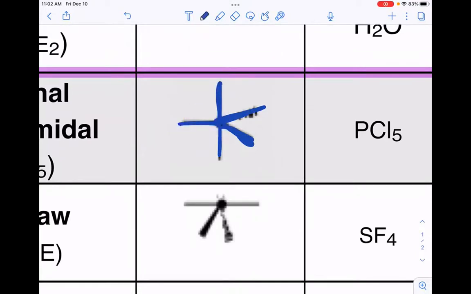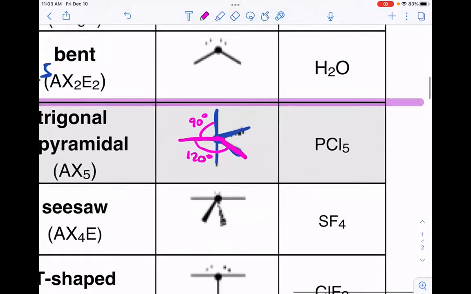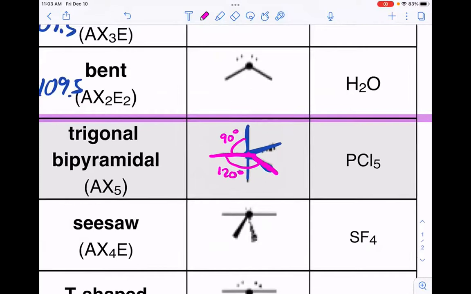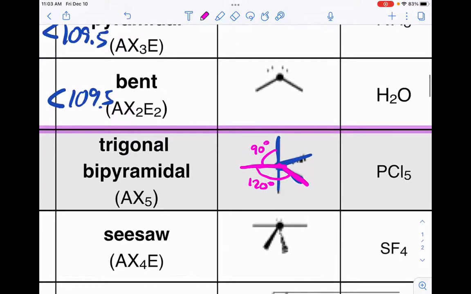Okay, so let me put that here. So this is 90 degrees. If you're looking at equatorial, so we're looking at this bond, that's 120. Okay. It's kind of hard to see it in 2 dimensions. And so when we go back and look at it through a simulation, we'll be able to see the 120.